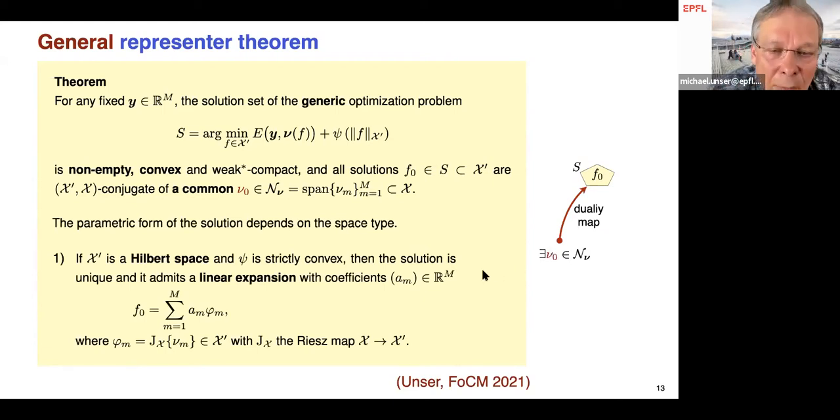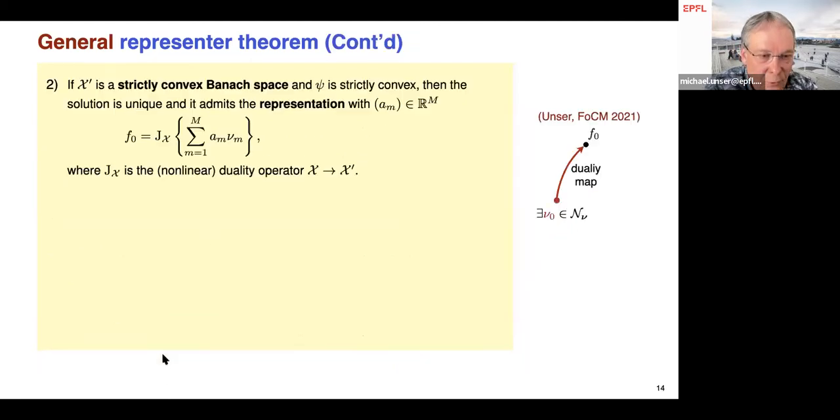And then the solution depends on the type of space. Now, if you have a Hilbert space, it's super nice because then the solutions all live in a linear manifold, and that is spanned by some functions, which are just the Banach conjugates of the mu m, the guys that are acting on f. And so this gives you a very nice structure.